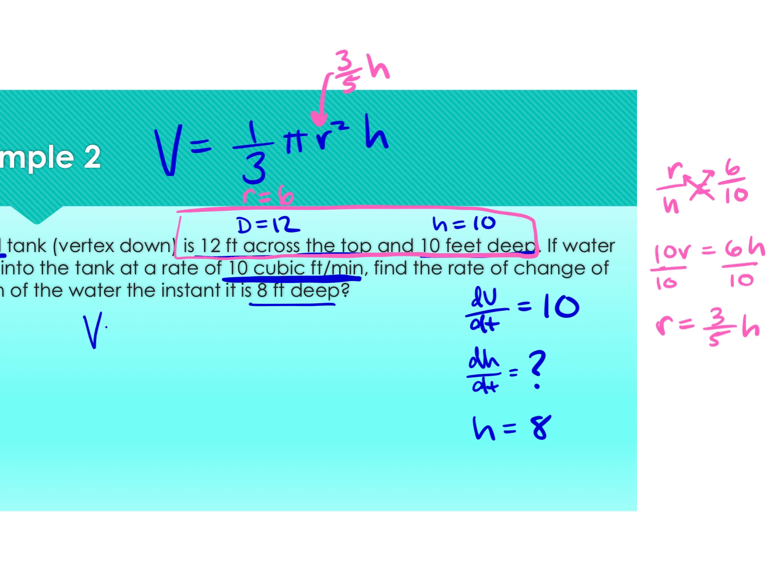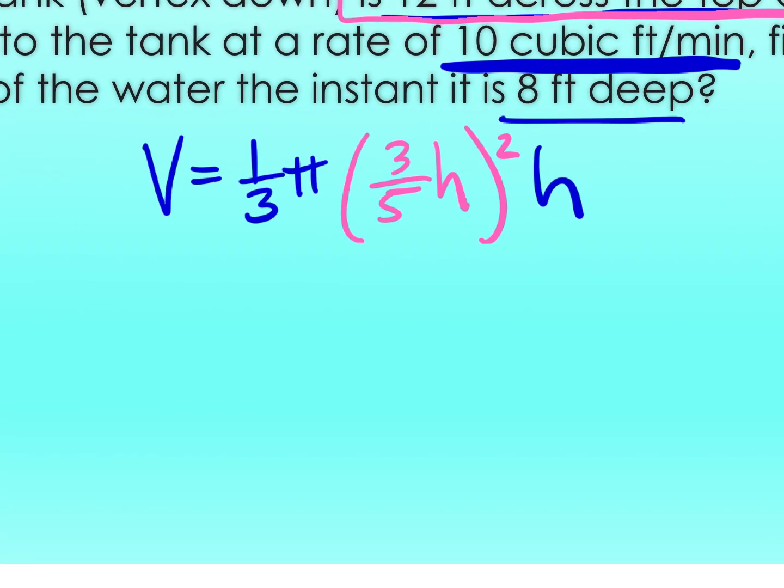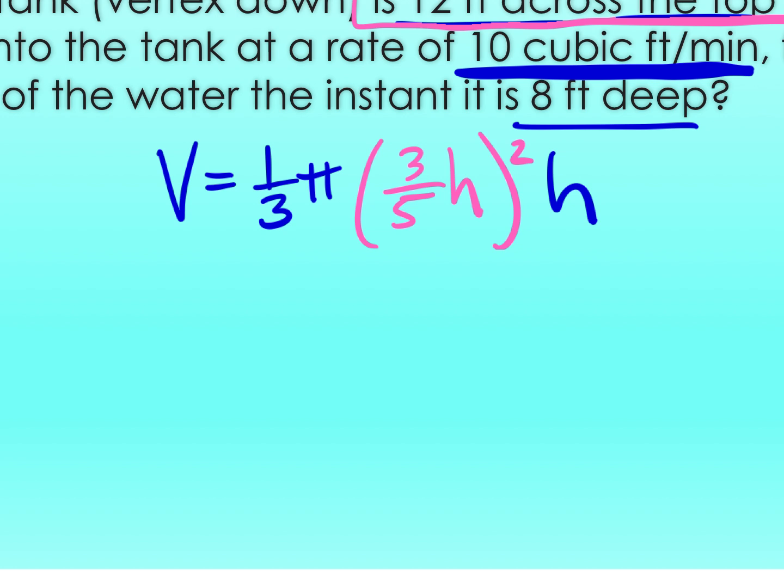So our new volume equation is going to be 1/3 pi times (3 over 5 h) squared times h. All right, let's simplify our new formula. When we square this, we want to make sure we square the fraction and square h. So this would be 9 over 25 h squared.